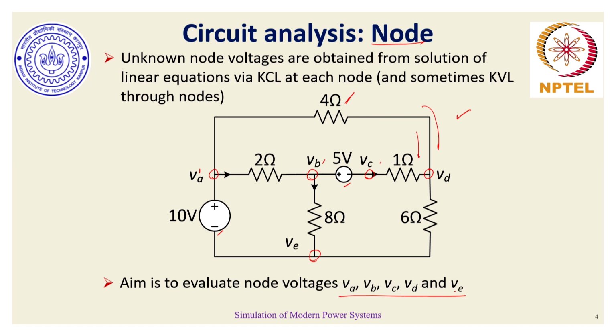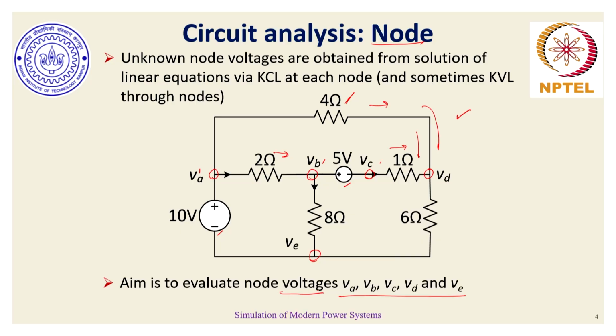If we know these 5 voltages, then we can very easily apply KVL across any 2 nodes and also find the corresponding currents through these circuit elements or branches. Having said that, this is a circuit where there are 5 nodes, and we have to remember that current in a circuit flows through the circuit, so it's generally associated with a series interpretation, whereas voltage or potential is across a circuit, and hence it is generally associated with a parallel interpretation.